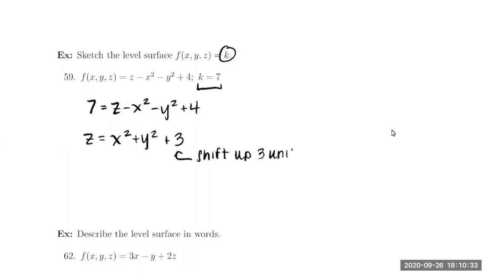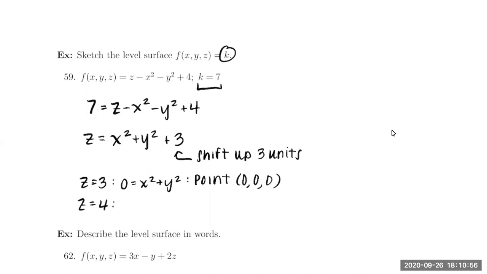All right, so as an example, if we wanted to find just a couple of traces, if I let z equal 3, then what I'm going to get is 0 equals x squared plus y squared, and that's just a point at the origin. But if I let z equal 4, then I'm going to get the unit circle. So let's go ahead and sketch this paraboloid.